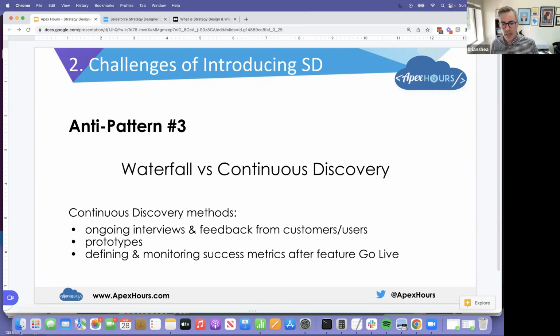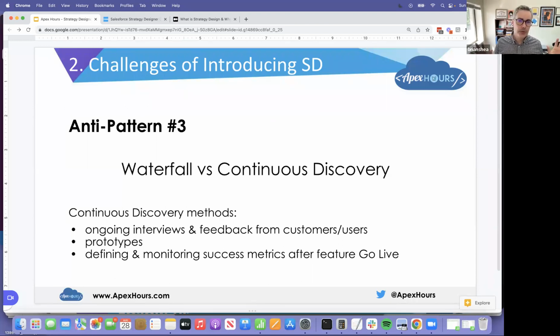Continuous discovery, by the way, is, I think I have it here. I do. There's a fantastic book called Continuous Discovery Habits by Teresa Torres, who's a product management coach. And she talks about all kinds of fantastic ways that you as an organization can be consistently and constantly doing customer discovery to get information and feedback about what's working for them and what isn't.